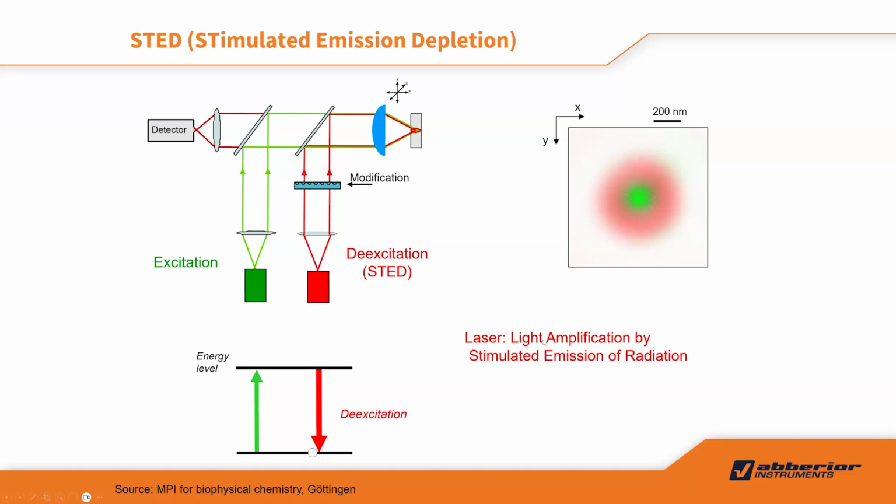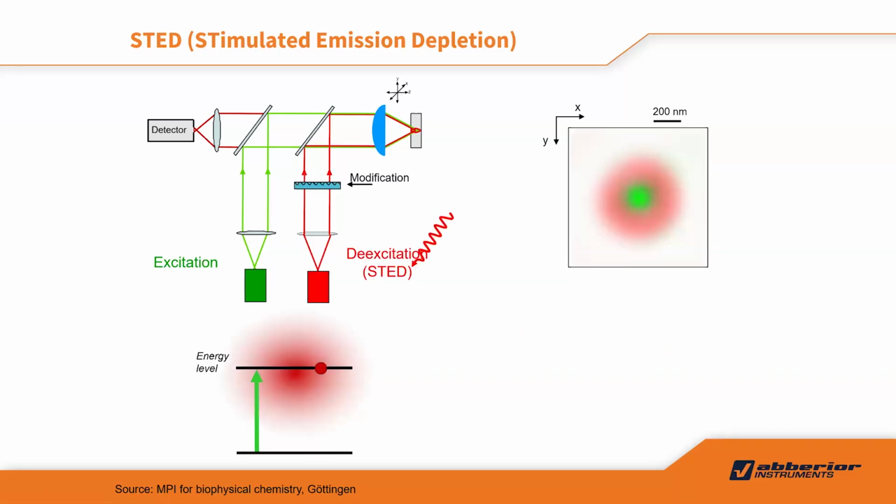So the timing is very important in STED. The STED beam must arrive within the fluorescence lifetime. If it arrives earlier, there's no excitation yet. If it arrives later, there's already emission. So in our system, we very accurately control this timing by all pulsed modes. You will hear it later.